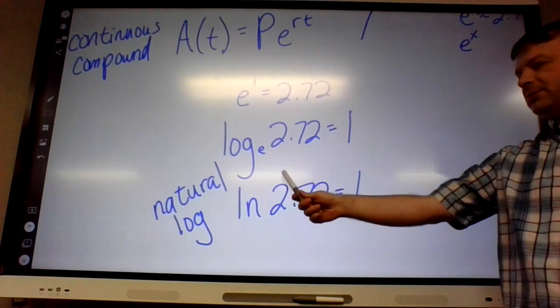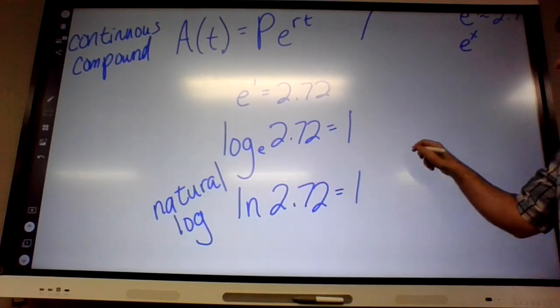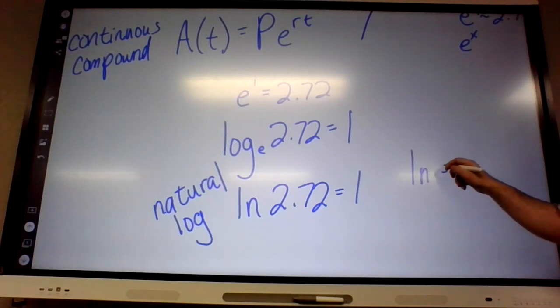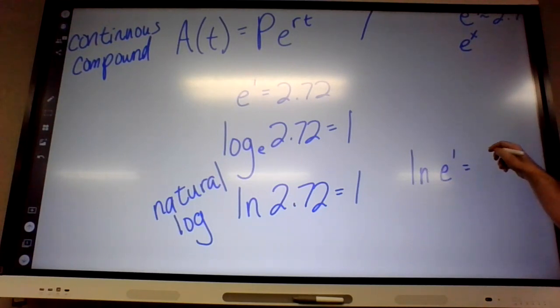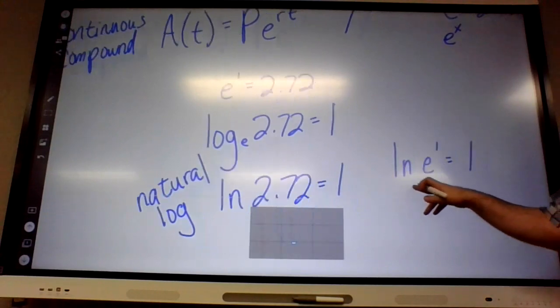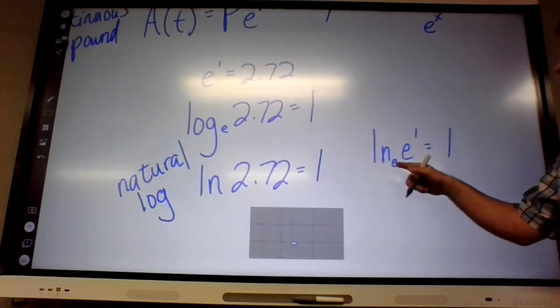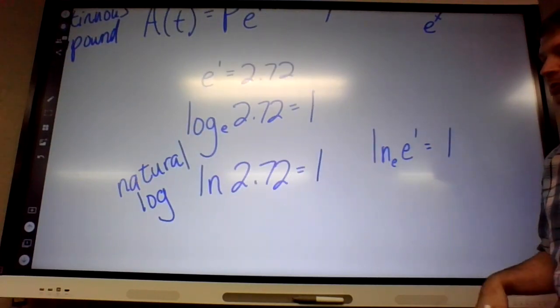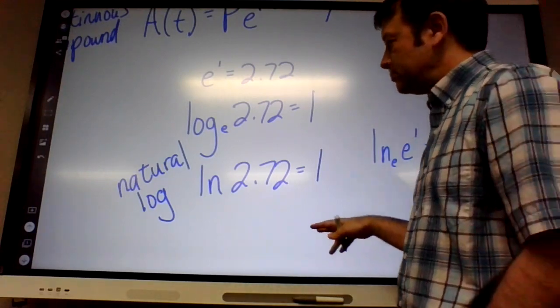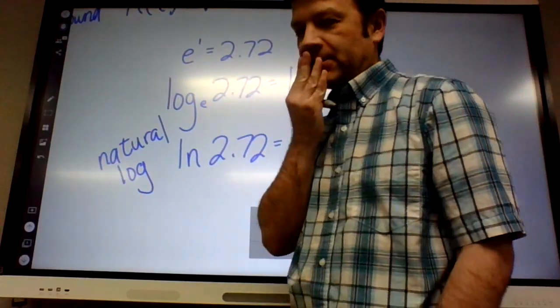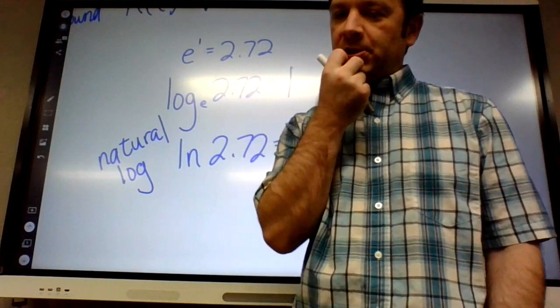Because we rounded it off. So if you put natural log of e to the 1, that would equal 1. Because e to the what equals e to the 1?